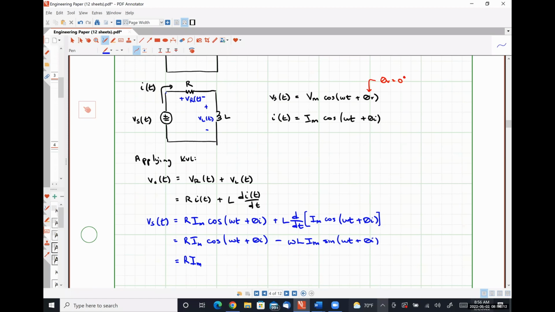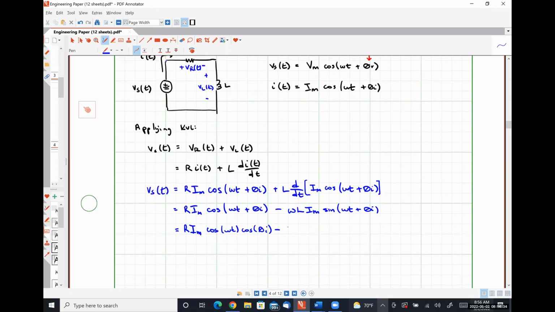We use trig identity number 6, where we're treating omega t as alpha. That's going to look like cosine omega t times cosine theta I minus R Im sine omega t sine theta I. That's literally just splitting the first one.